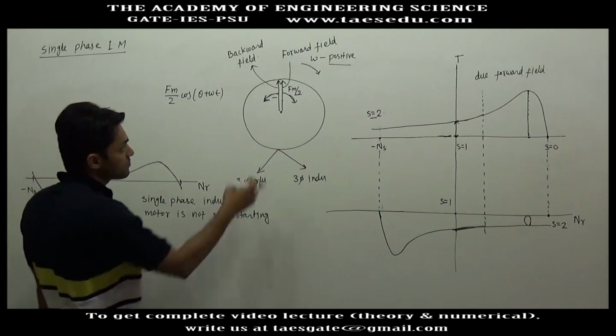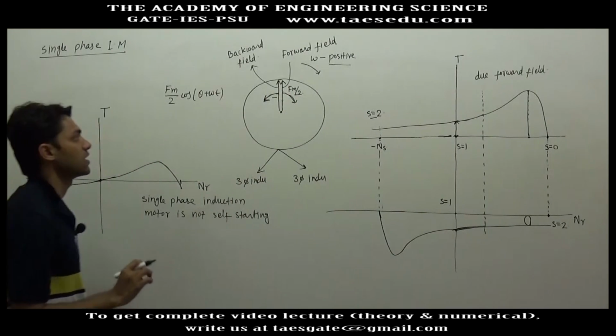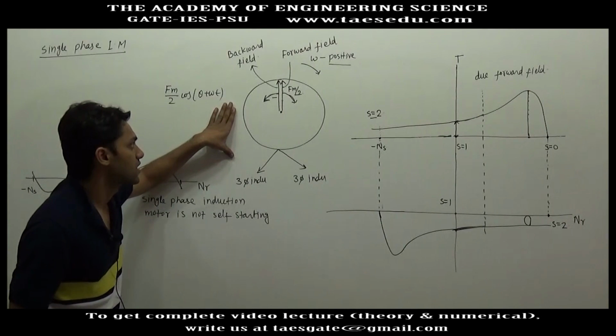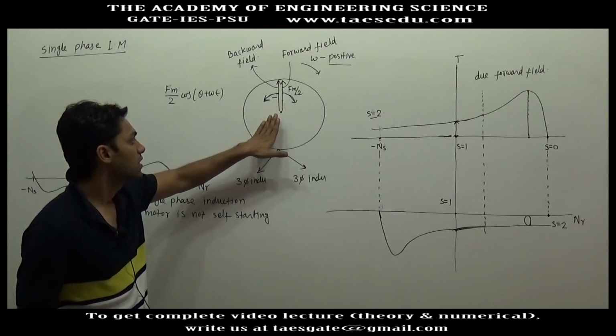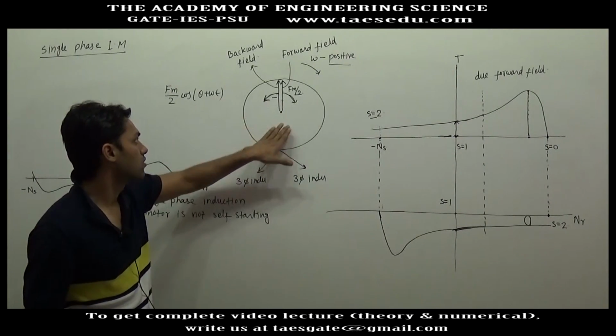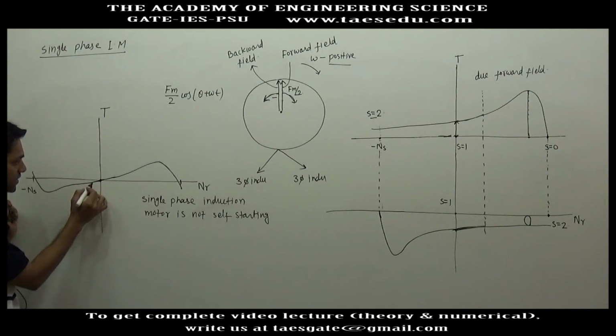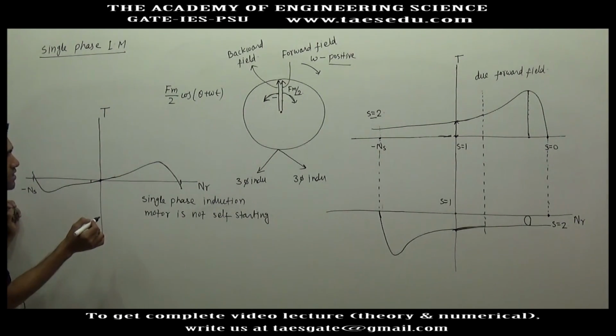It is not self-starting, but if you give an initial speed in the anti-clockwise direction, what will happen? If the speed is negative, there will be a torque in the anti-clockwise direction.